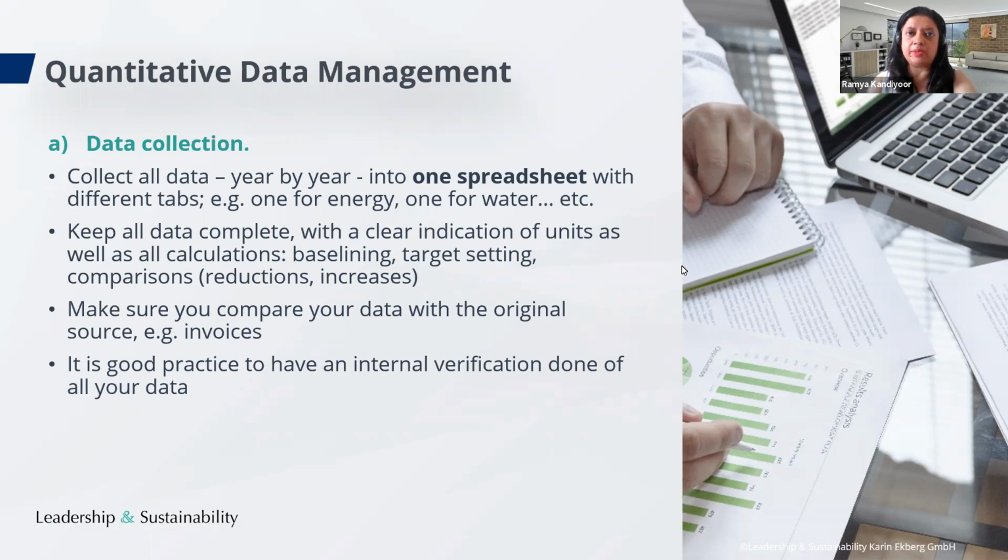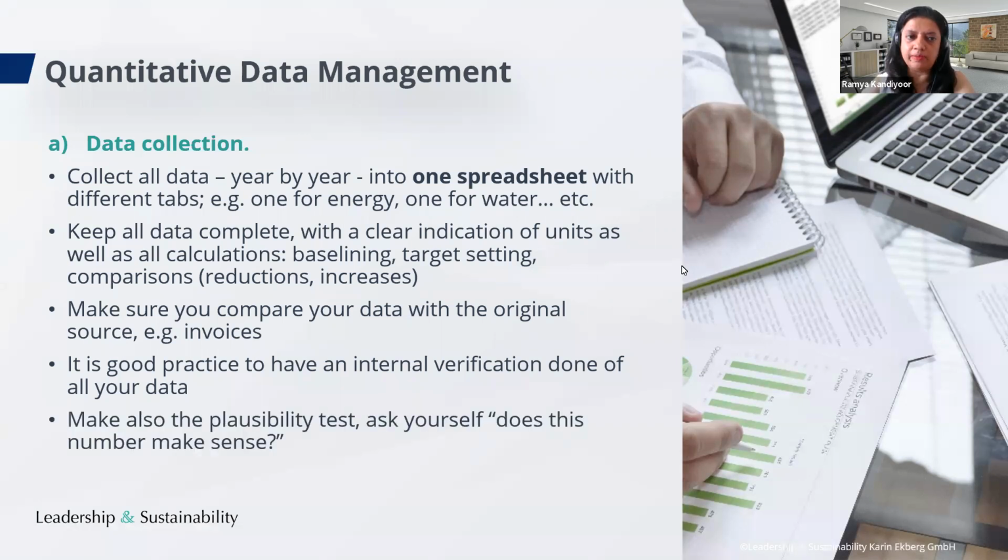So this can perhaps be a part of your environmental management system, that once in a quarter or once in a month, there is a data verification which happens, which checks whether a person has actually verified that the data on the invoices is actually taken up into your final spreadsheet.